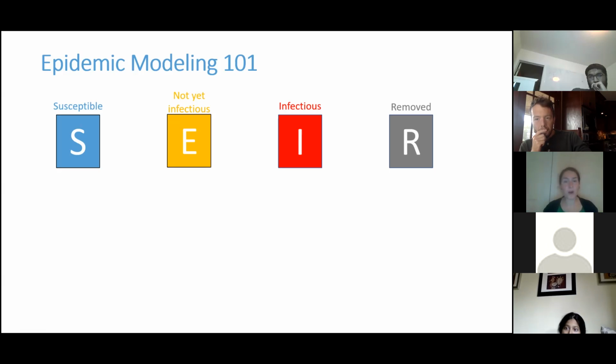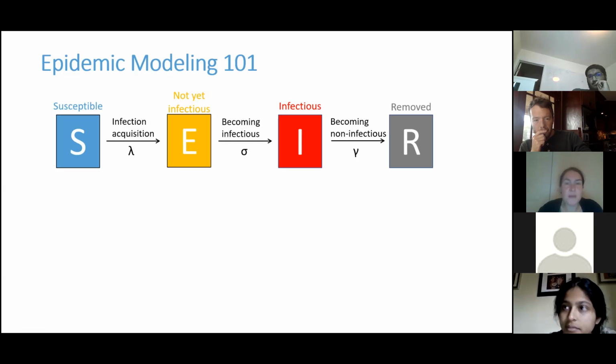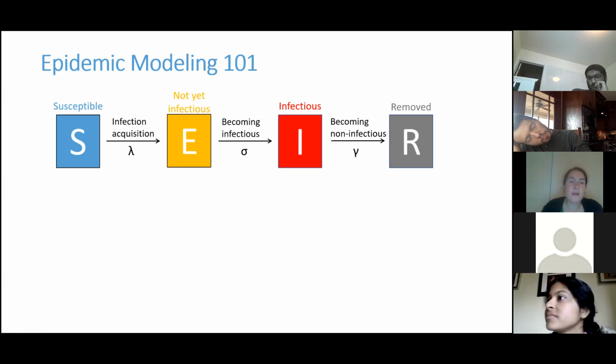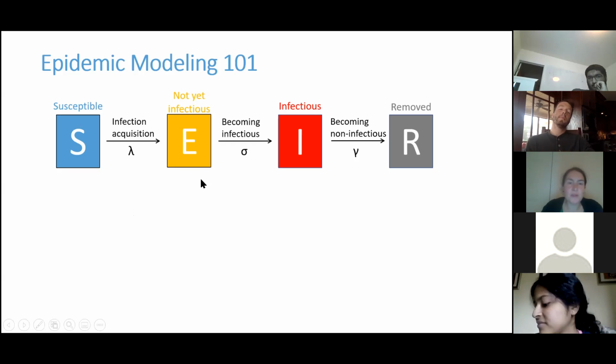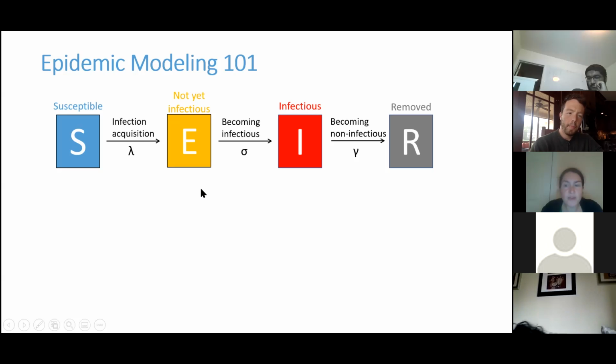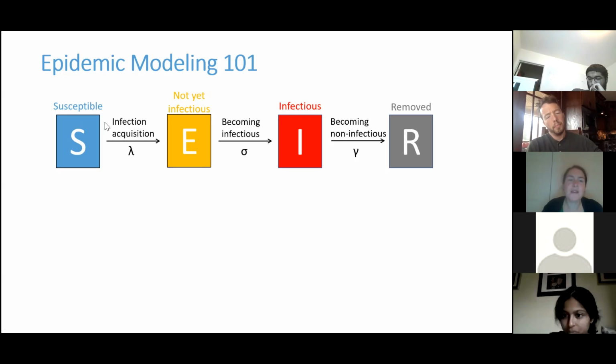And so we have these compartments. Then in these types of models, we need to specify transitions that people can go through in moving from one compartment to another. So here, we have 4 compartments and 3 transitions. People move from the susceptible to the infected but not yet infectious compartment through the process of infection acquisition, becoming infected, which we say happens at rate lambda.